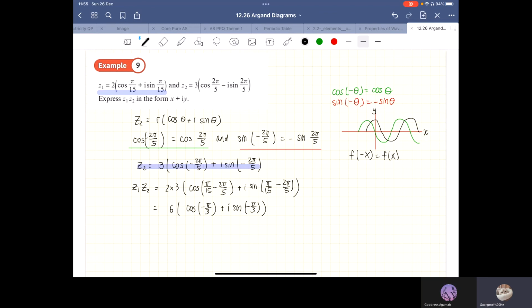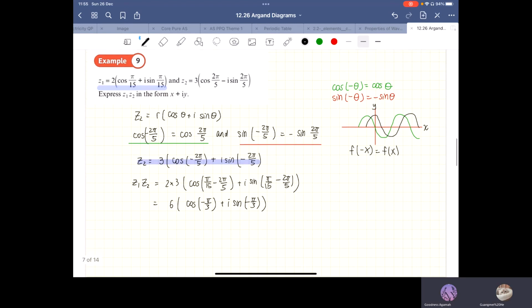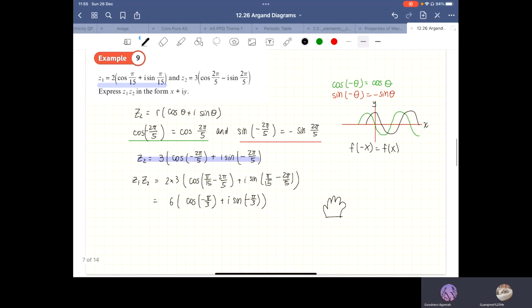Do you remember what is cosine of 60? You can recognize what I'm drawing. Oh yes, I do. It's a half. Yes, that's it. So you can just write 6 times a half.